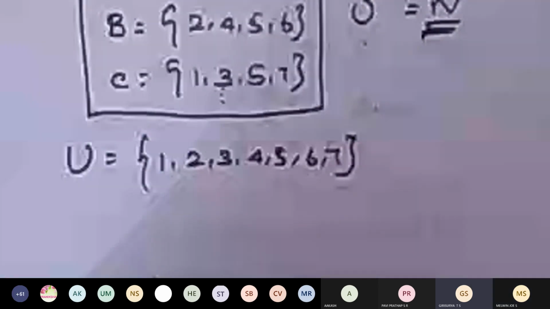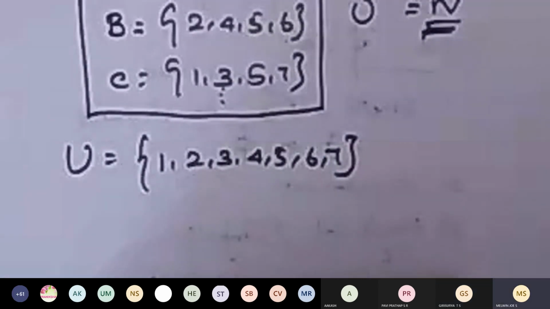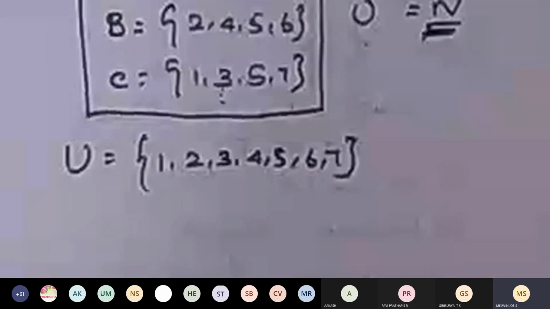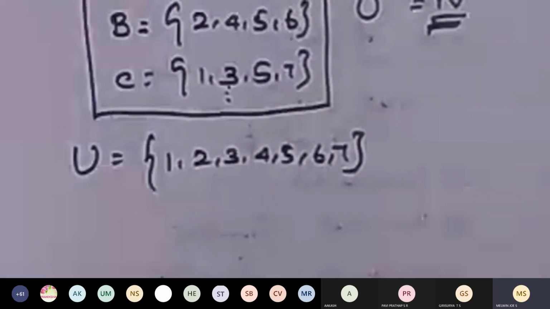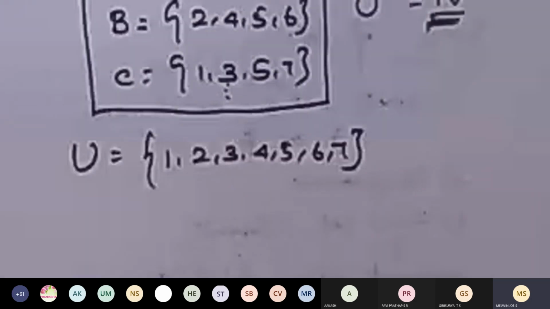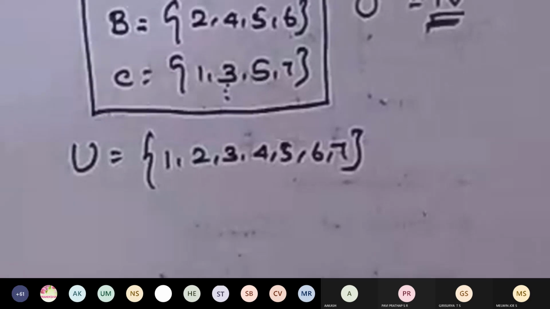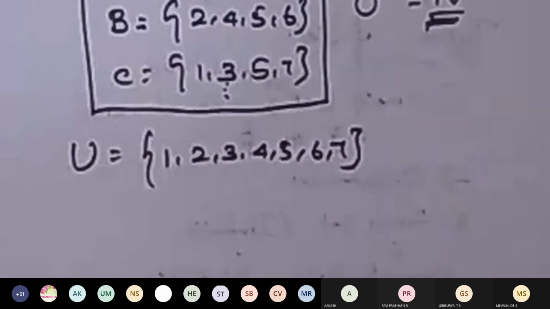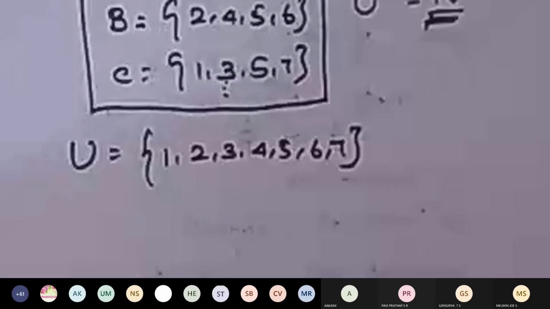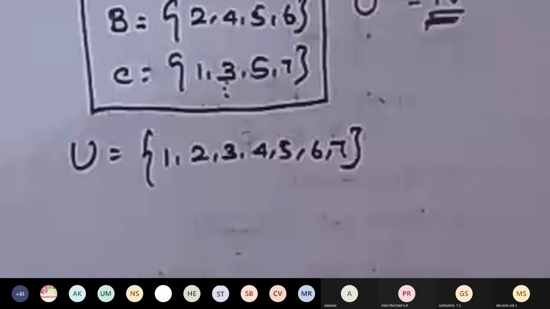See, if you're unable to understand, ask me to repeat. If it is clear, answer me. Okay, 80 plus students are here, and I am able to hear even 1 or 2% voices.